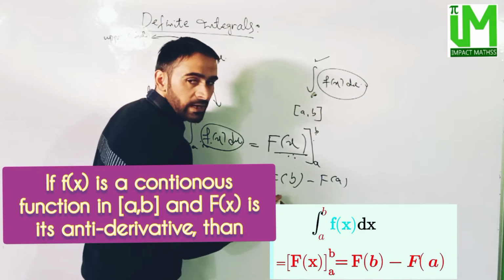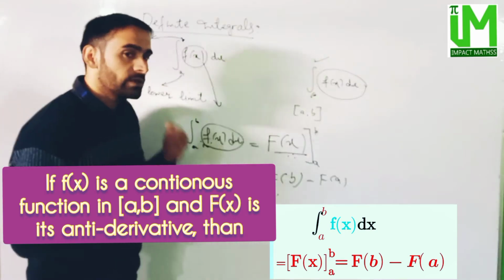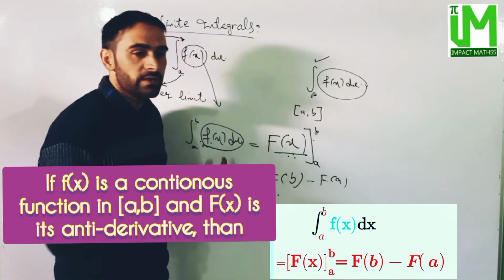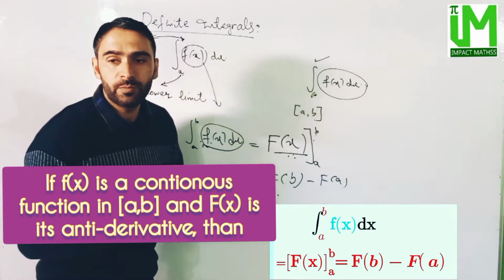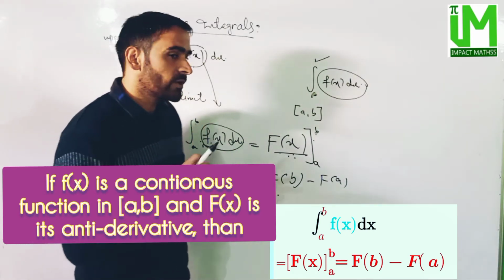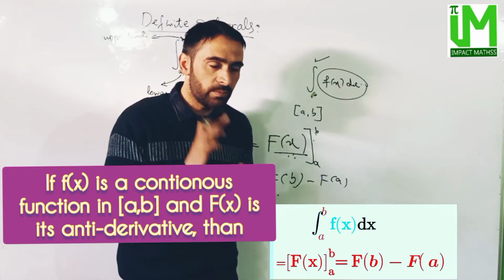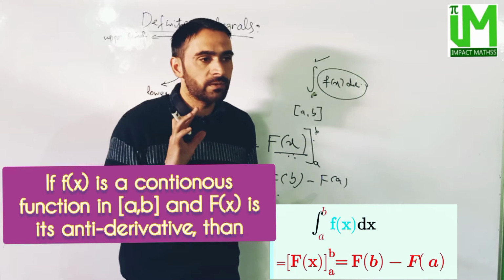So the concept is simple: in a definite integral, we first find the indefinite integral, the antiderivative, and then simply replace it with the function of the upper limit minus the function of the lower limit.